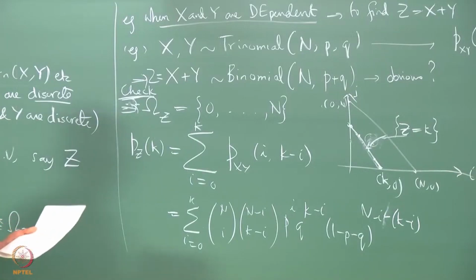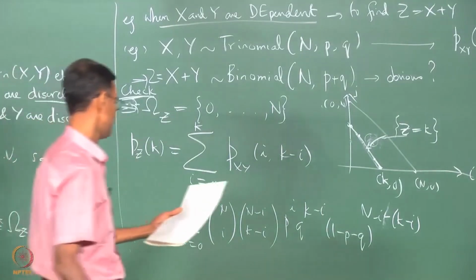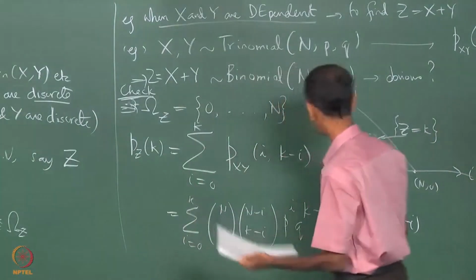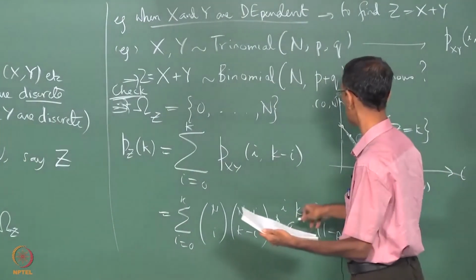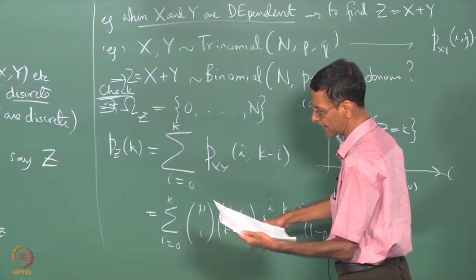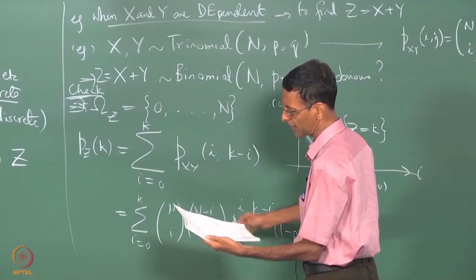And then I have here p by q power i. This q power k can come out, n factorial.